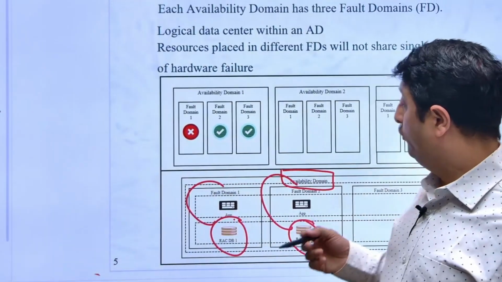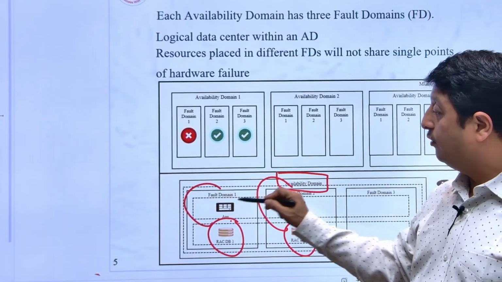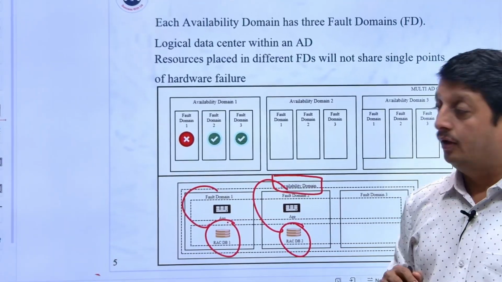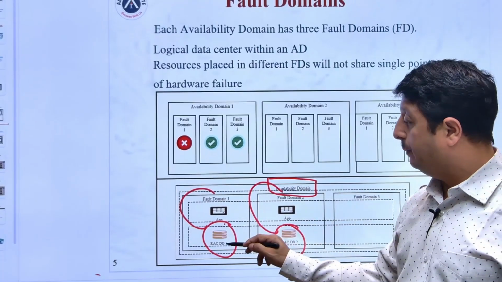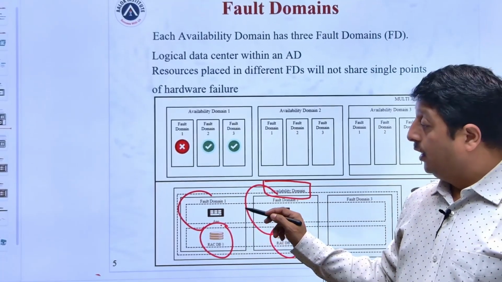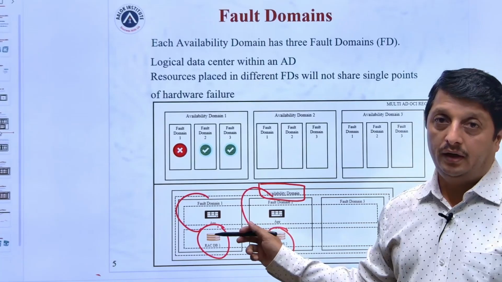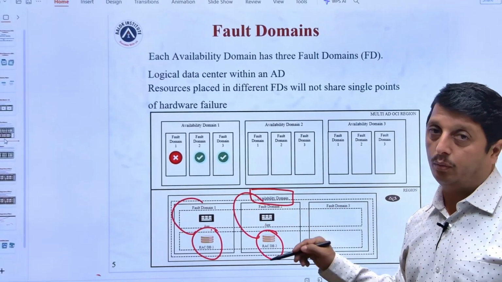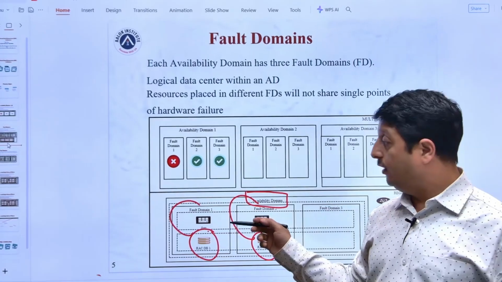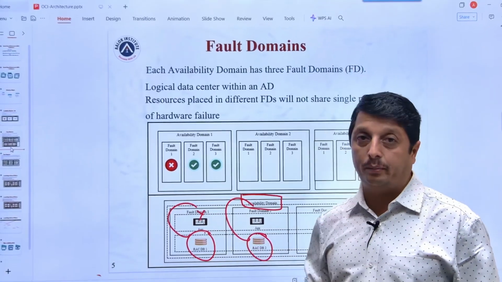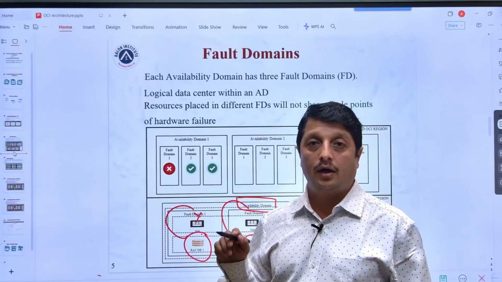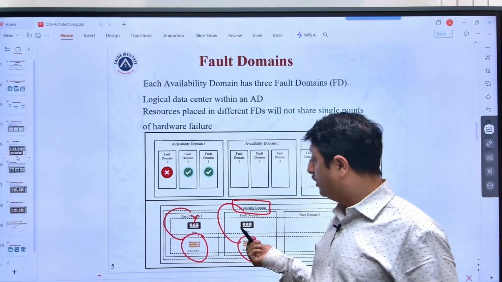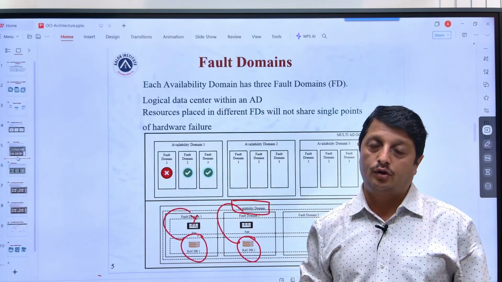Within an availability domain we have three fault domains, so I will keep one machine in one fault domain, which is hardware isolated from another fault domain, which is again separate hardware. So that means there are two hardware units. If one fault domain's hardware gets messed up or a disaster happens, we still have the data on the other fault domain.